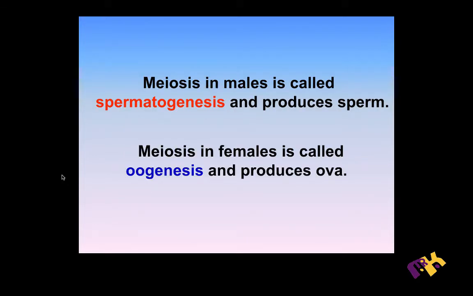All right, so as far as meiosis in male versus female, in males we're looking at spermatogenesis, and in females we're looking at oogenesis. Through oogenesis, you're going to create ova, or the individual term ovum, or the egg cell, and then in males you'll produce obviously sperm, through spermatogenesis.